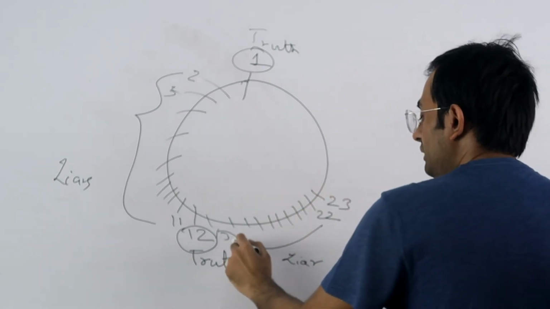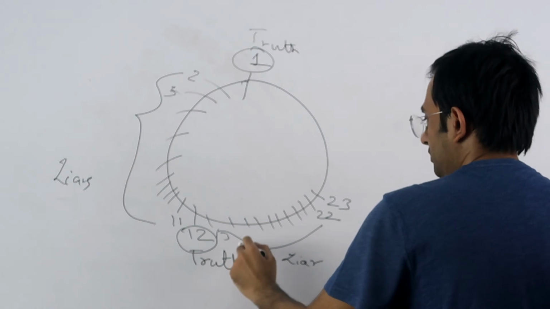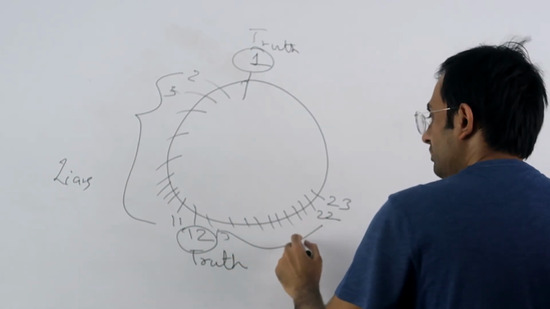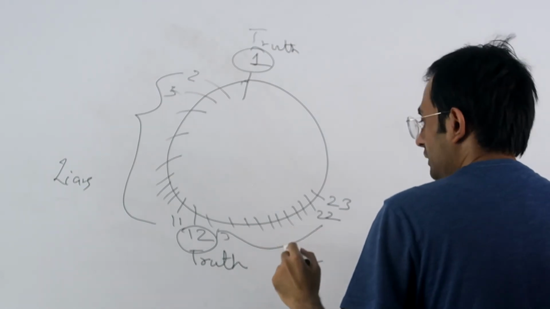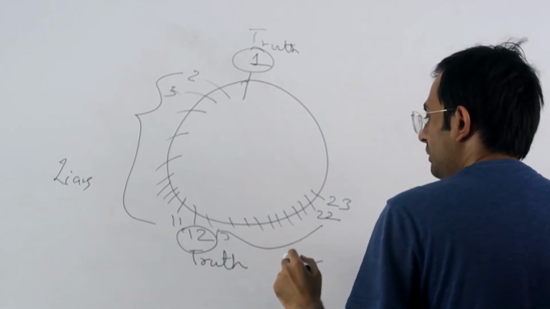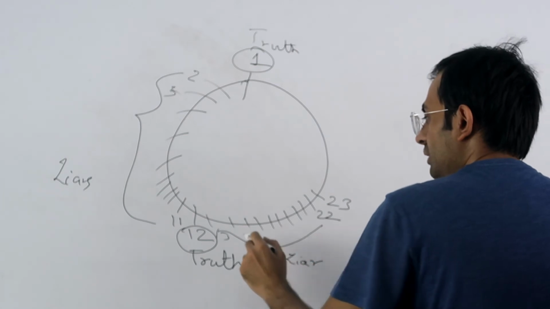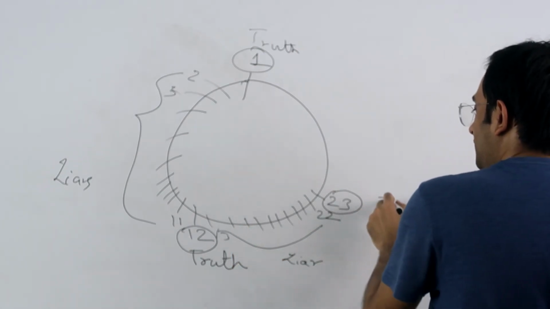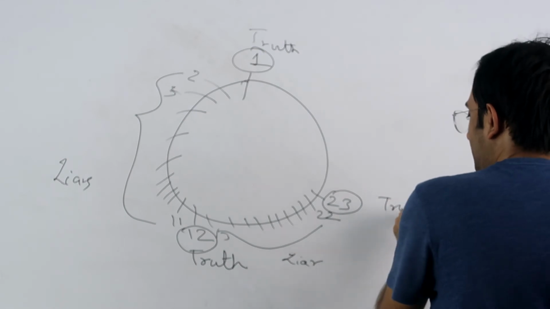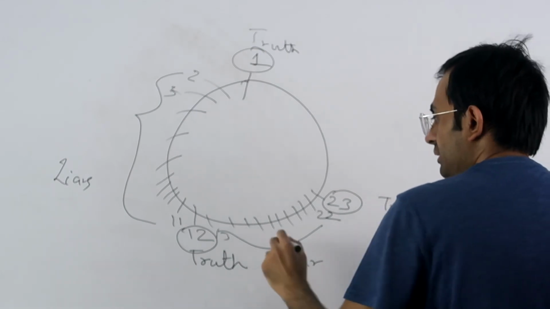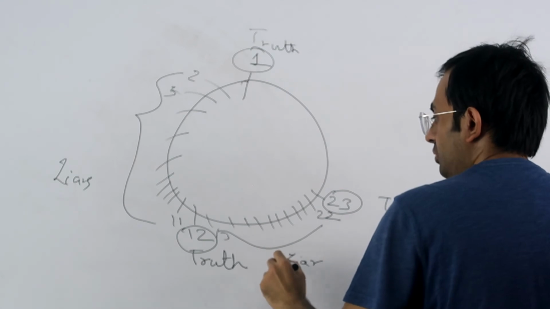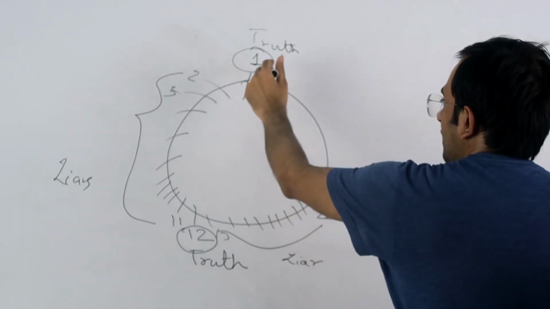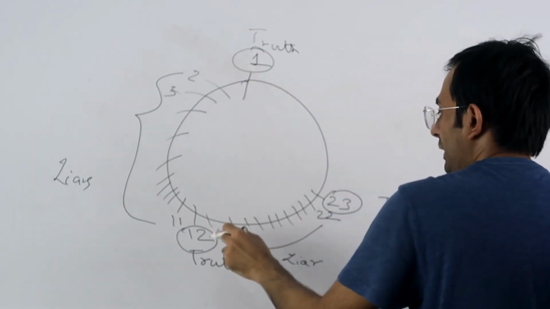Then person 13's statement will become true, that all the 10 people to my immediate right are liars. But we know that person number 13 is a liar. So this means that person 23 has to be a truth teller. Otherwise, person 13's statement would become true. So now we found 3 truth tellers so far: 1, 12th and 23rd.